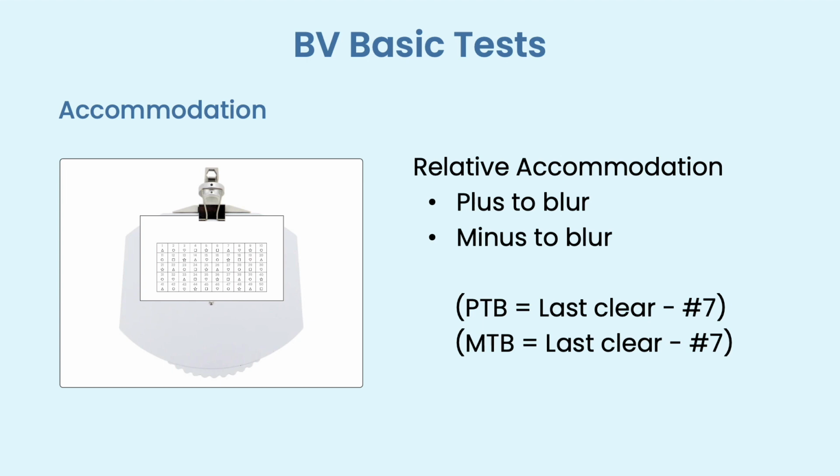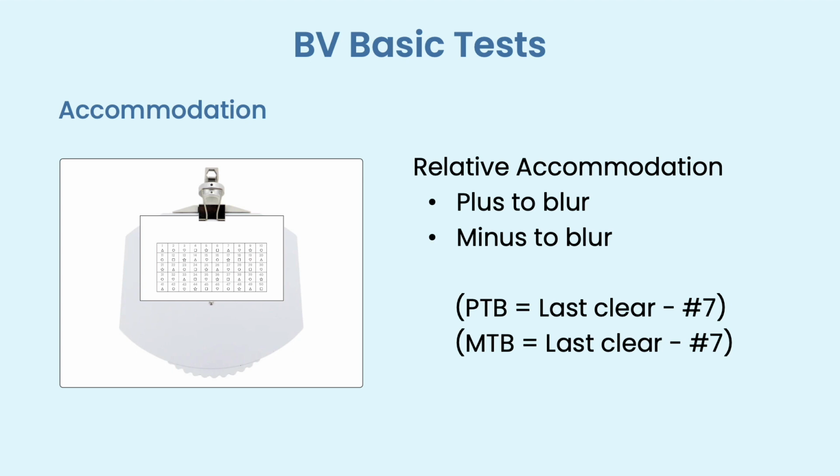Because we do this at 40 centimeters, which requires +2.50 of accommodation, if we get more than +2.50, we know that we've either over-minused the patient or the patient is a hyperope, because we can't relax more accommodation than what is needed at a specific distance.